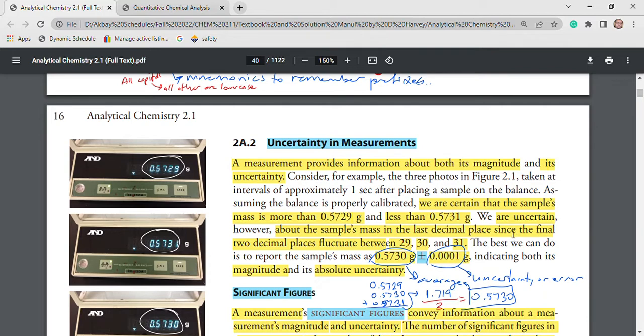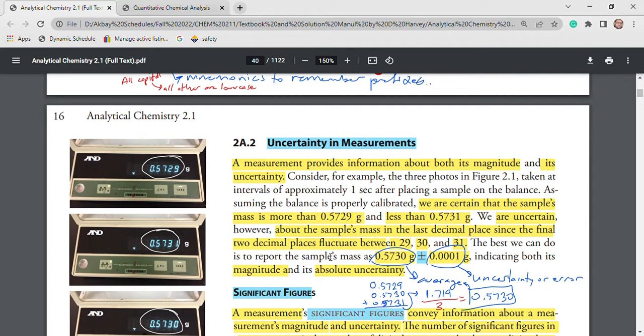Now, whenever we have measurements, we always have uncertainty associated with the measurements. For example, if you are using a scale to measure a substance, you see fluctuations within seconds: 0.5729, 0.5731, 0.5730.